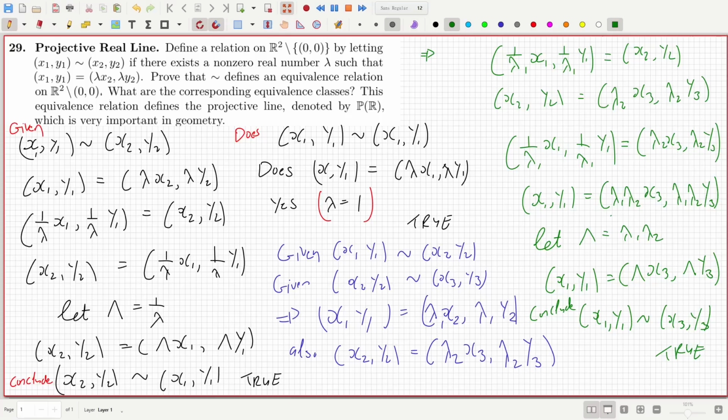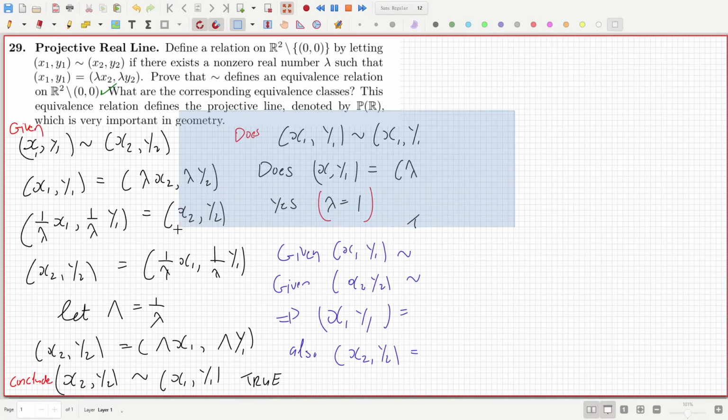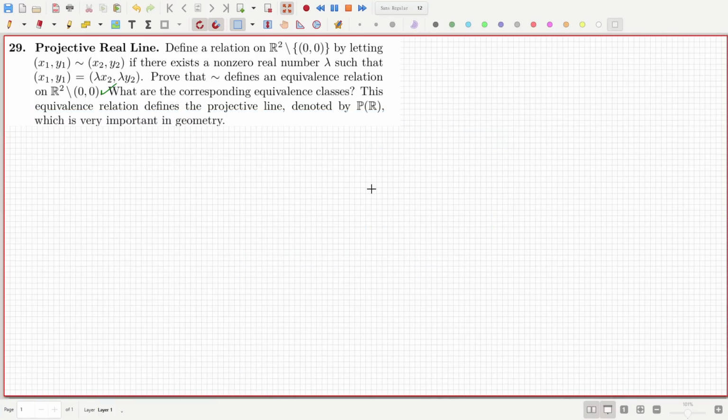That is proven. What are the corresponding equivalence classes then? Okay, let me clear this off. Let's take an example, like the equivalence class of, say, (1, 2).